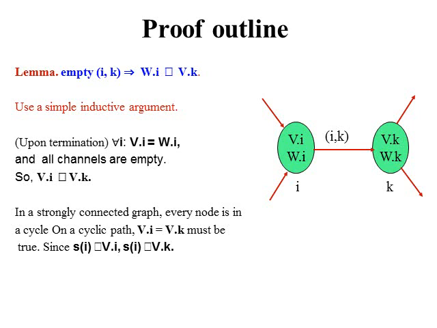So on a cyclic path, V of I equals V of K must be true. Now how do we get that? In the previous statement we got V of I is a subset or equal to V of K, since there is a path from I to K. Now we also know that there is a cycle here, and so there is a path from K to I as well.